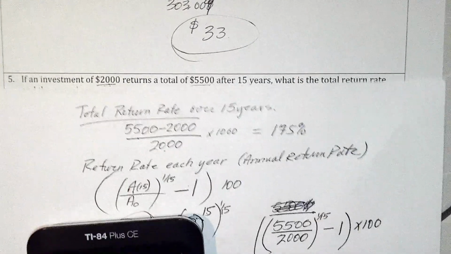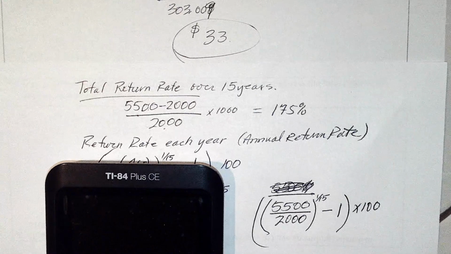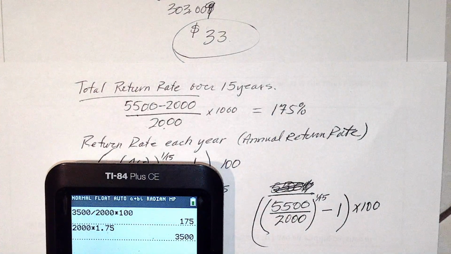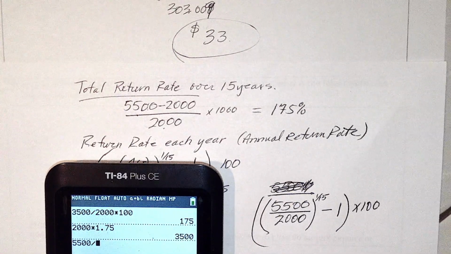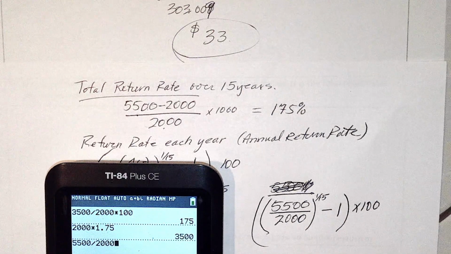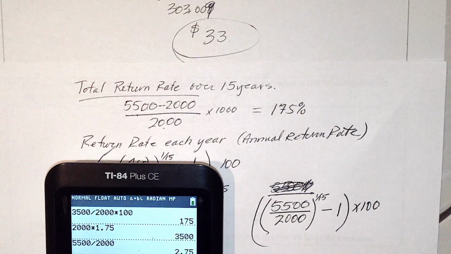So the annual rate is 5,500 divided by 2,000, 2.75, to the 1/15th power.